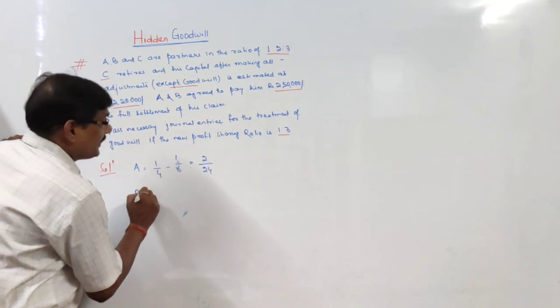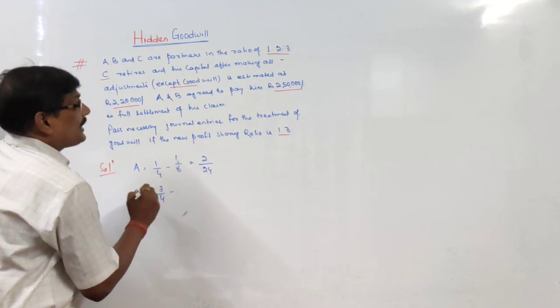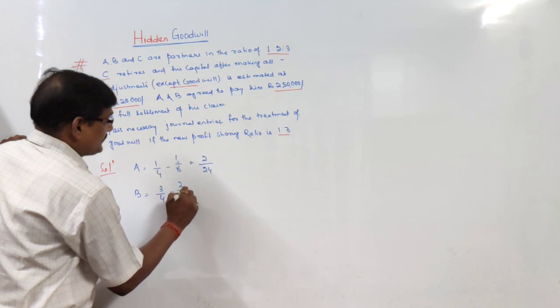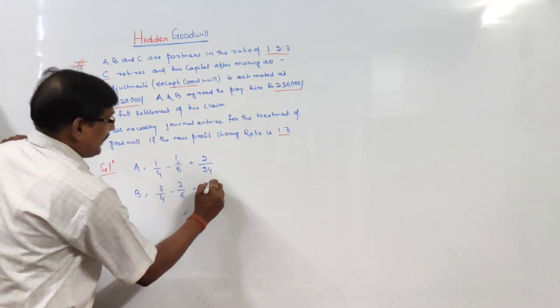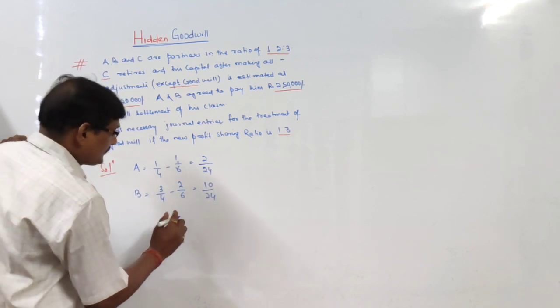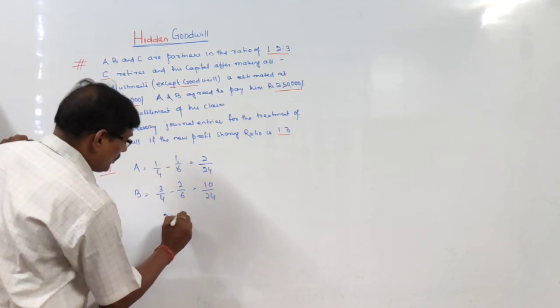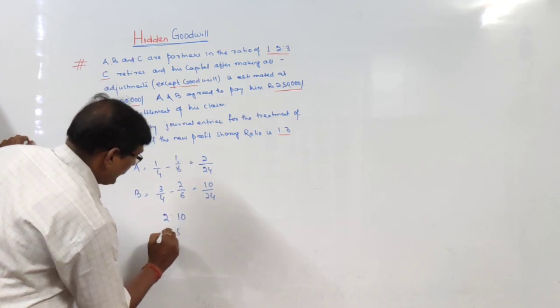B is getting 3/4 and he was getting 2/6. That is 10/24. So the gaining ratio is 2:10. That is 1:5.